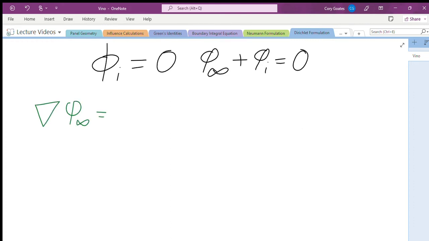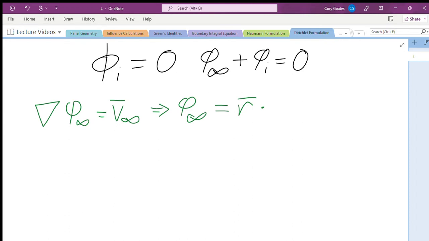Okay? Now, I won't go through a rigorous derivation to get to this, but from this I can simply say that phi infinity is equal to r, which is a position vector, so consider r to just be a point xyz, dotted with v infinity.